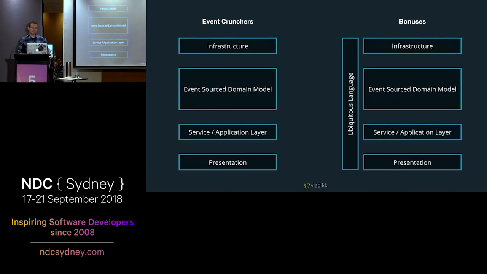But as the complexity grew, the language got more and more complicated as well. At some point, it could no longer be modeled as active record objects. And this allowed us to notice the need for a change in the implementation strategy much earlier than in the case of crunchers. So we saved a lot of time here by not trying to fit a square peg in a round hole, thanks to the ubiquitous language.